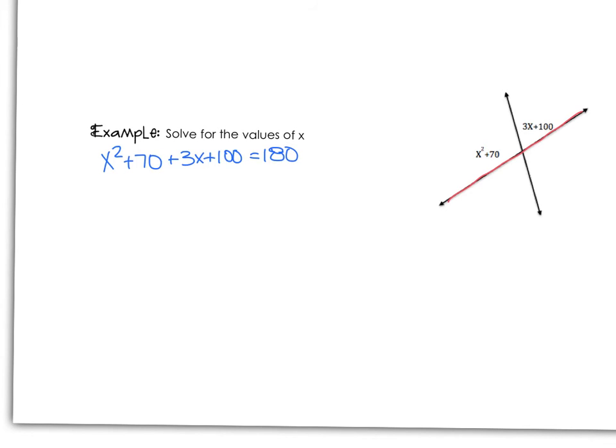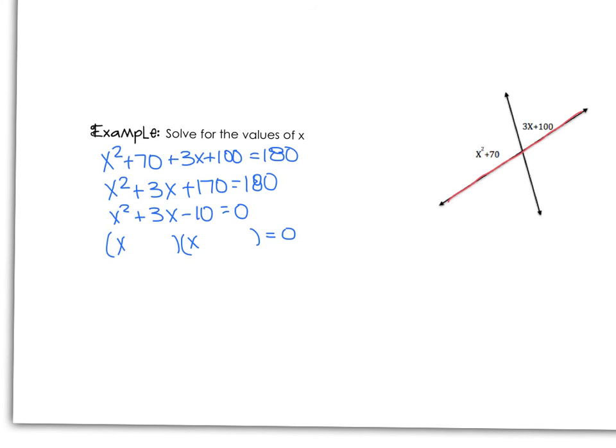So we combine like terms, we have x squared plus 3x plus 170 equals 180. To get it equal to 0, we'll subtract 180 from both sides. So x squared plus 3x minus 10 equals 0. So let's see if this factors.